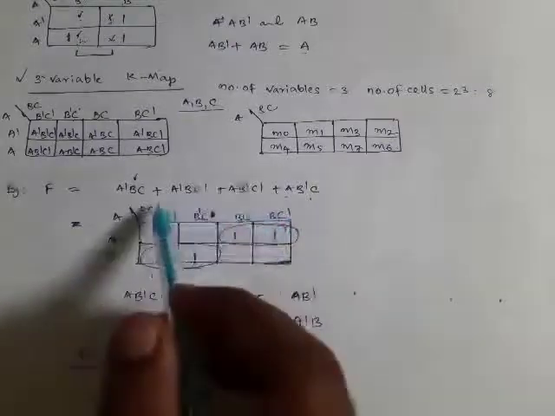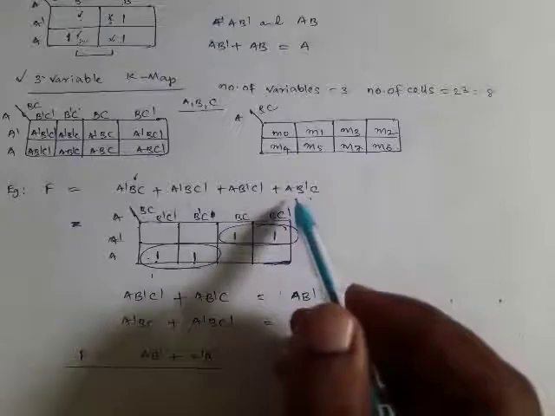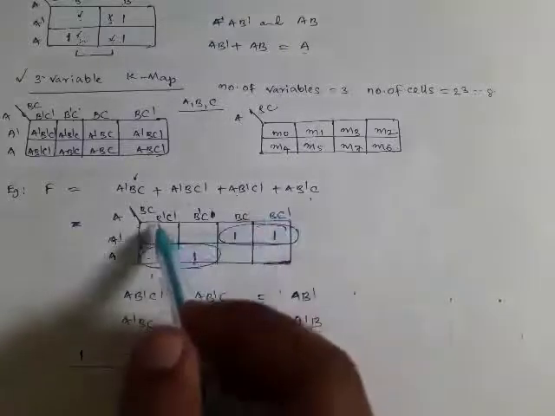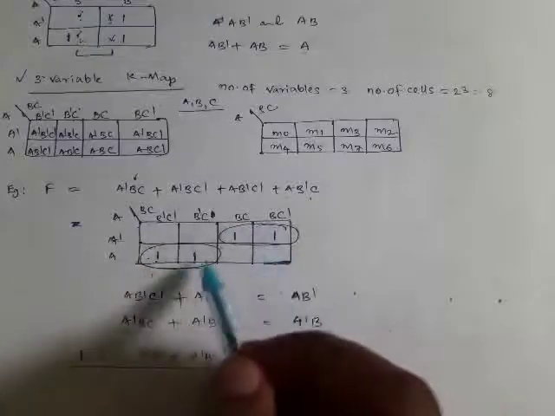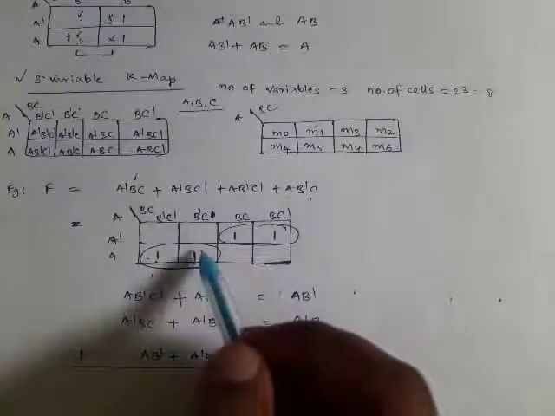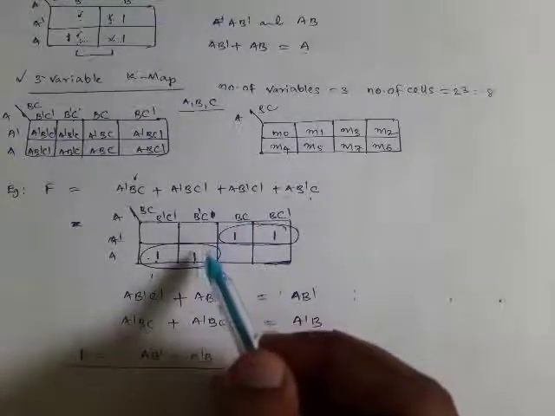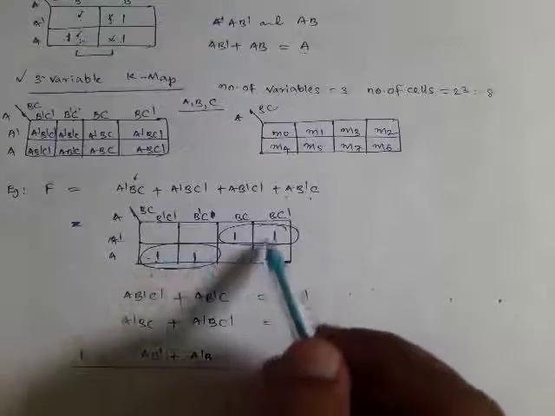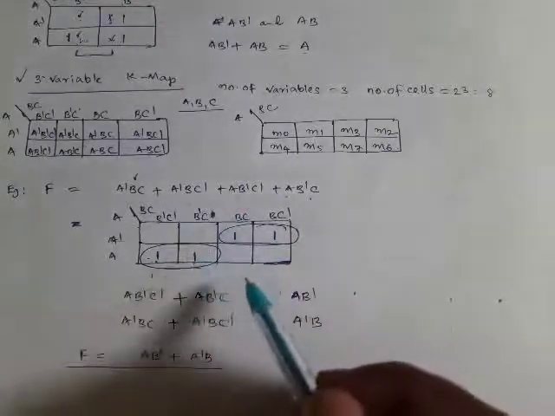Once we get the sum of minterms form, we construct the corresponding variable K-map. Here it is a 3 variable K-map, and we start entering a 1 into the cells corresponding to the minterms present in the function. So we entered ones into the 4 cells corresponding to the 4 minterms of the function.